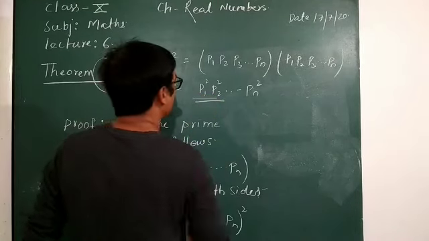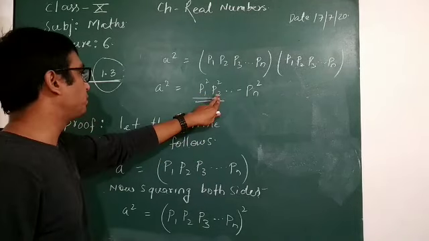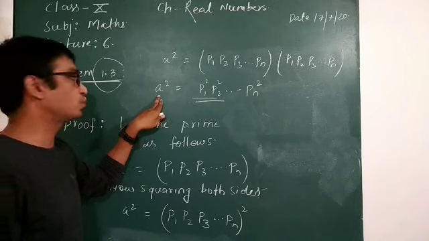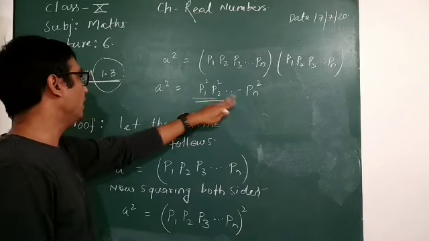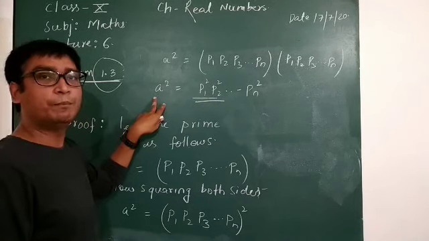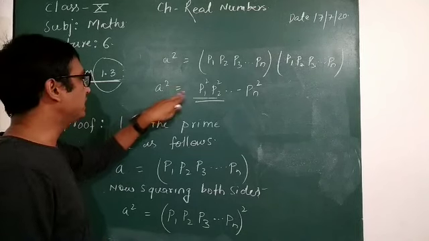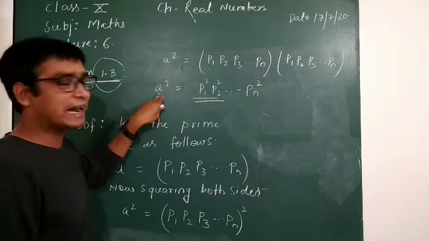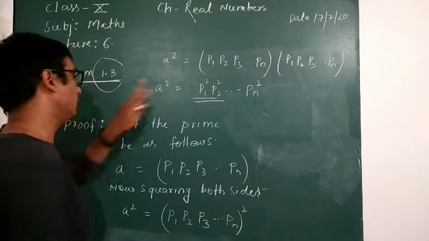P is also one of the factors because P can divide here A square. You can write here P1, P2. So P1 can come below. So it means that P also divides A square.